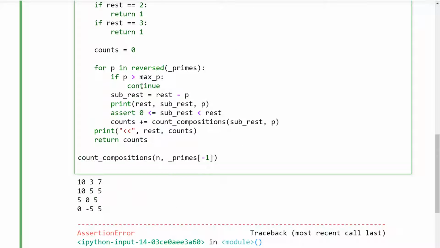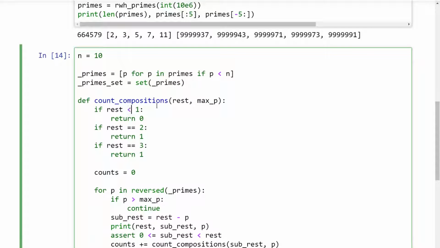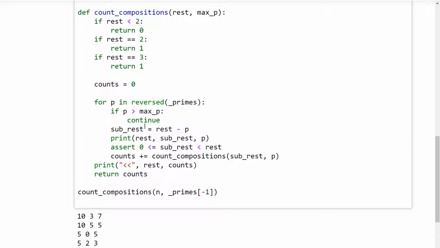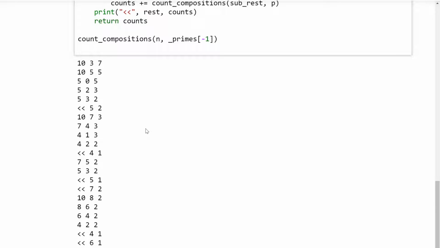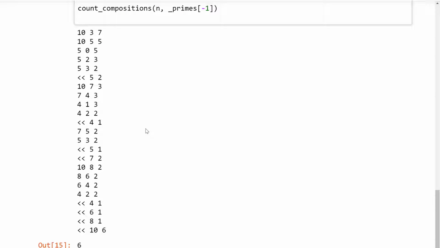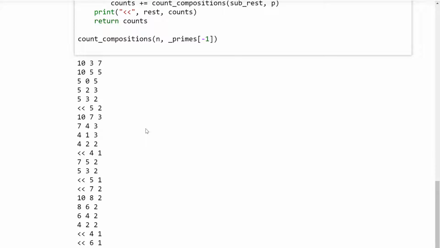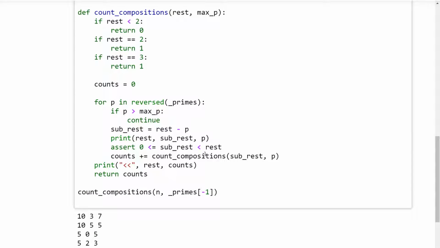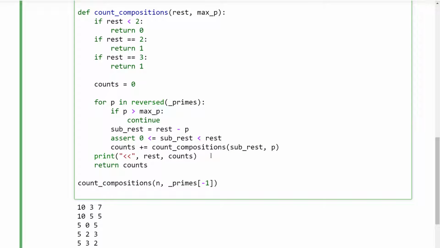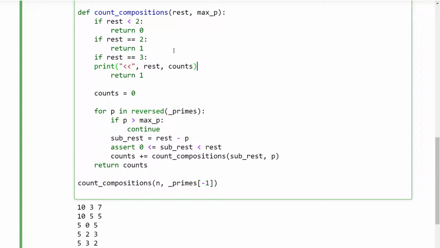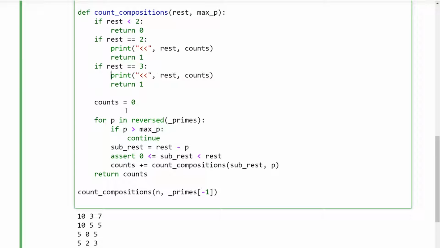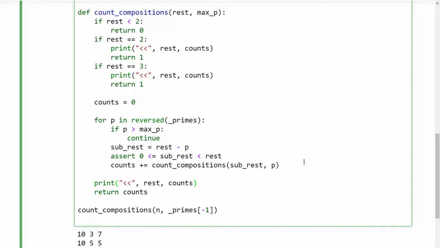Okay, I guess we say something like this. Let's do this, and maybe this.